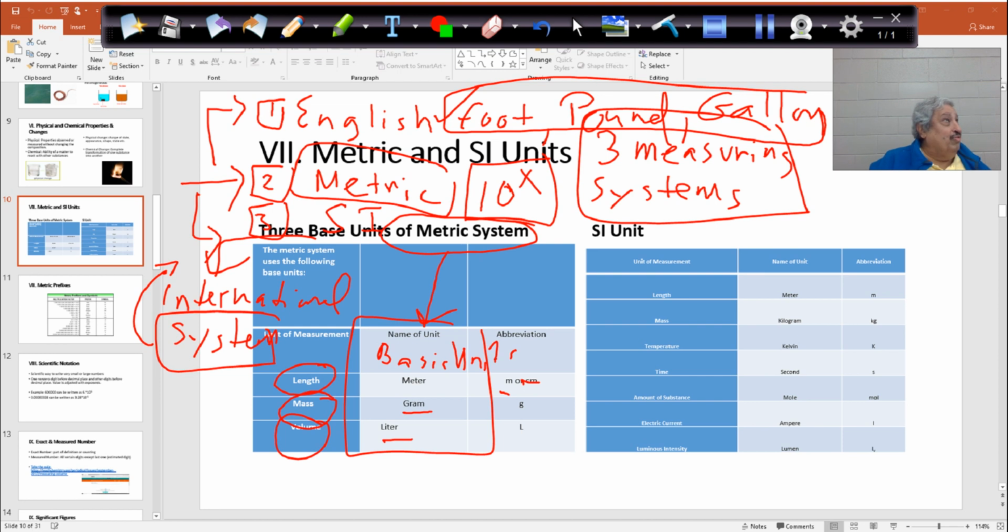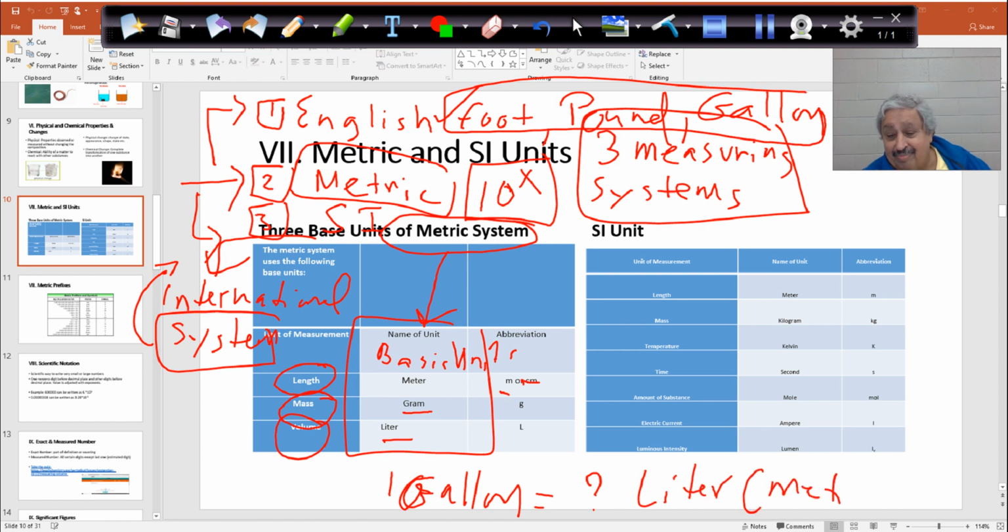So I'm going from English, a gallon, that's English, correct? And I want to see liter, that's metric. So how many? Well, it turns out very funny about this situation. How many types of gallons do we have? Somebody will tell me?